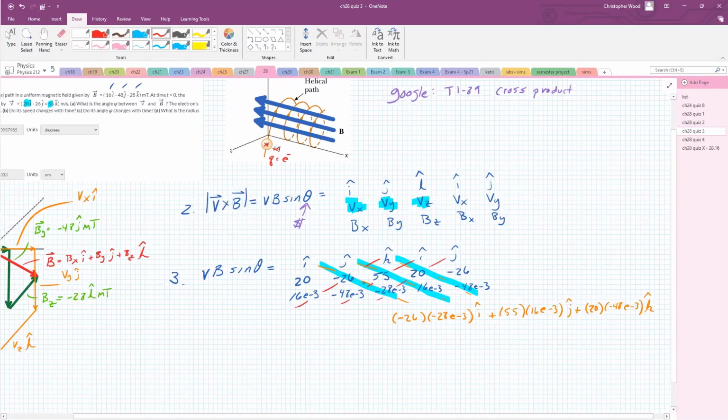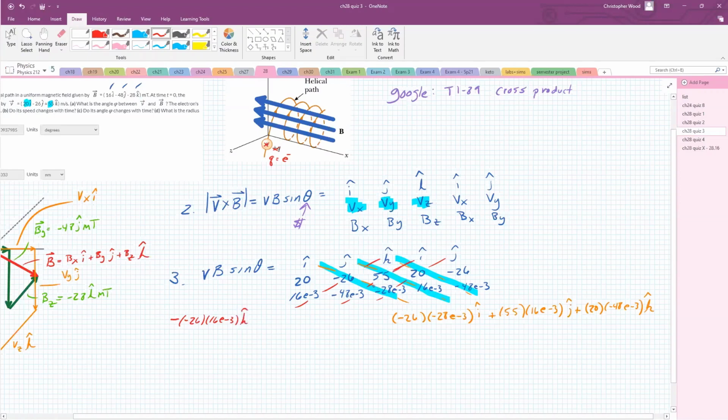Okay. So when I have to prepend a negative, I'm going to go way over here just to give myself some room. I'm just going to start with a negative of negative 26 times 16 E minus 3 K hat.